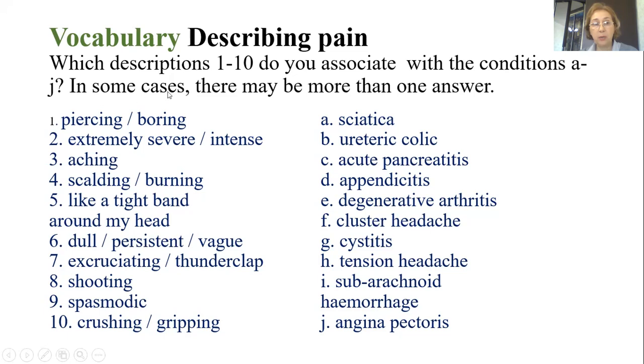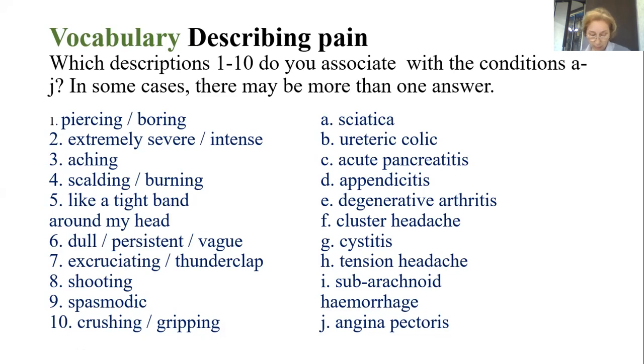So the task here is which descriptions from 1 to 10 do you associate with the conditions from A to J? The conditions are given to the right. In some cases, there may be more than one answer. The conditions given here are sciatica, uteric colic, acute pancreatitis, appendicitis, degenerative arthritis, cluster headache.